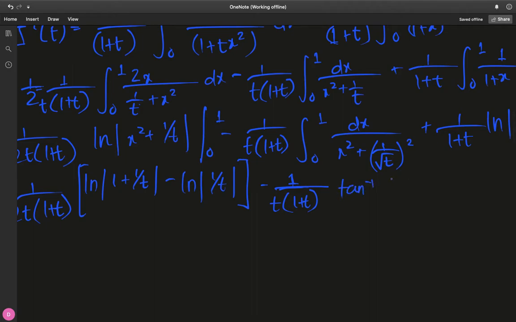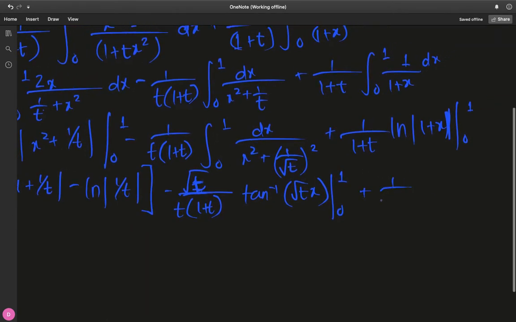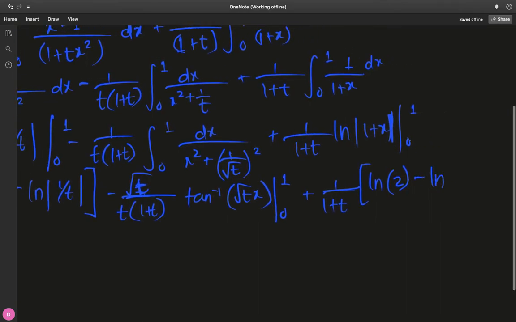So this is going to be the inverse tangent of, we also need to actually multiply by this factor, square root of t. We have an inverse tangent of square root of t times x evaluated from 0 to 1, plus 1 over 1 plus t times the natural log of 1 plus 1, which is 2, minus the natural log of 1 plus 0, which is 1.